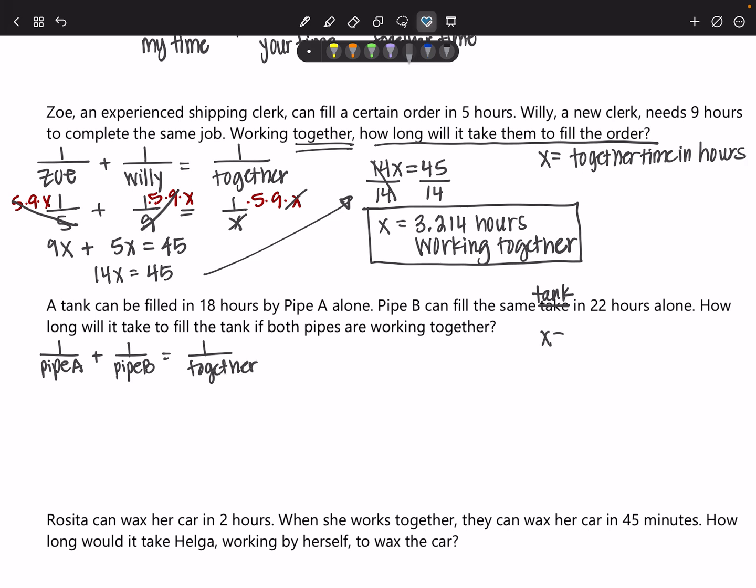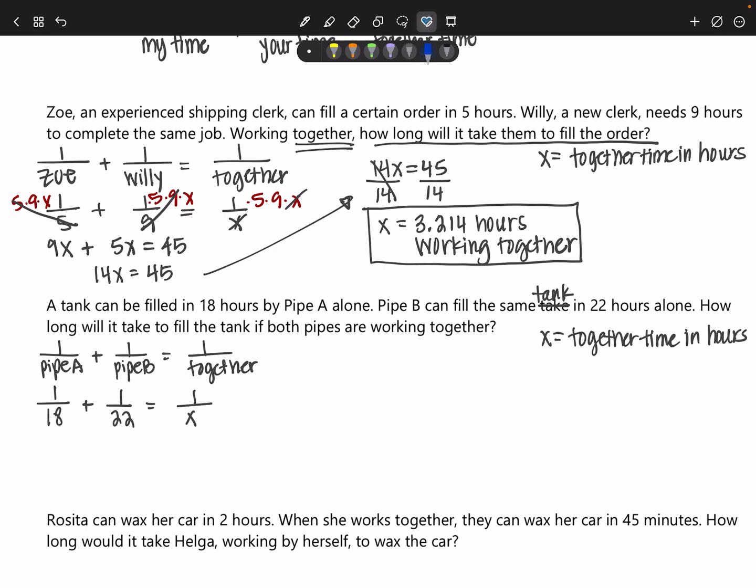X is going to equal the together time, measured in hours. So 1 over 18 plus 1 over 22 is equal to 1 over X.